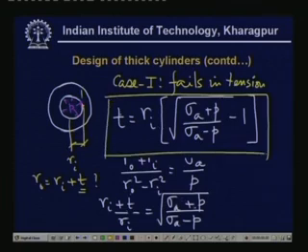Now for such a cylinder, the material may also fail in compression, but before going to that stage, let us see one thing: if P is greater than sigma A, then T is not real. Therefore it is not possible to design any cylinder which will sustain a pressure more than the allowable stress.